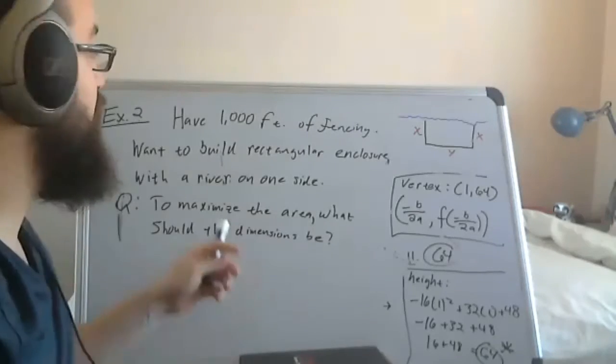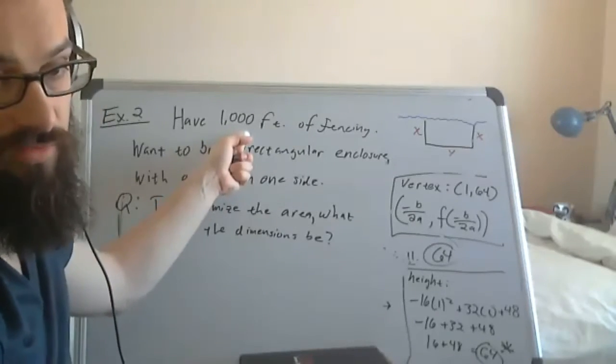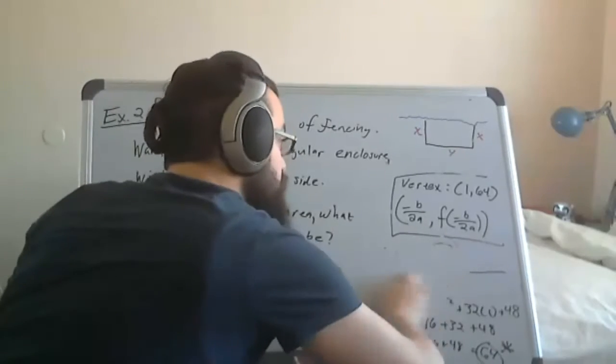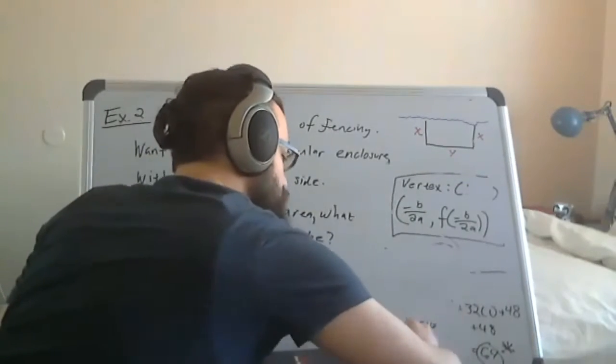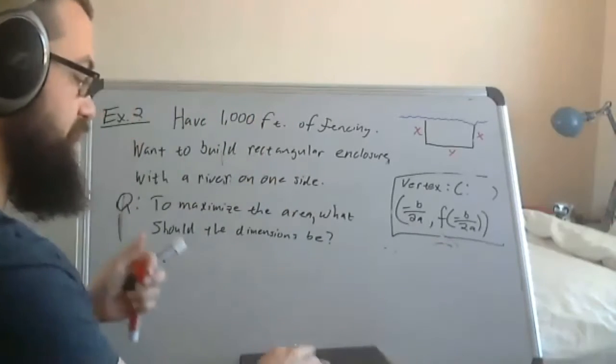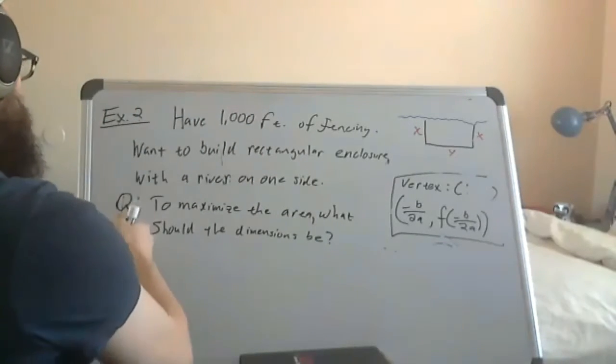Now, we have 1,000 feet of fencing. So we don't have exactly perimeter because we have one side that's all river.